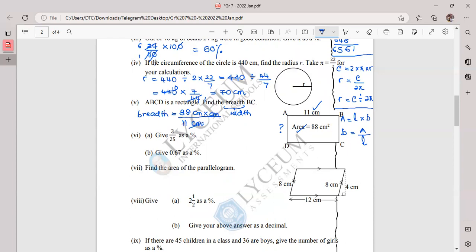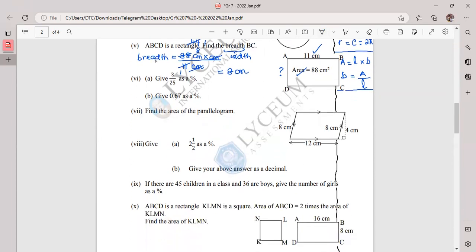Then centimeter and centimeter, you cancel like this. 11 times 1 and 11 times 8. What will be your answer, children? 8 centimeter. That is the breadth of this rectangle, right? That is done. Okay, so then we'll move to question number 6.